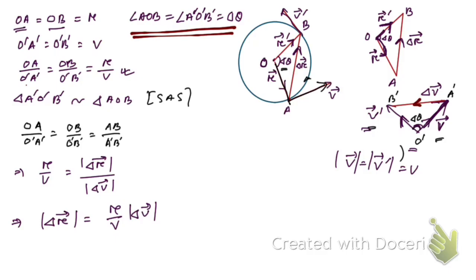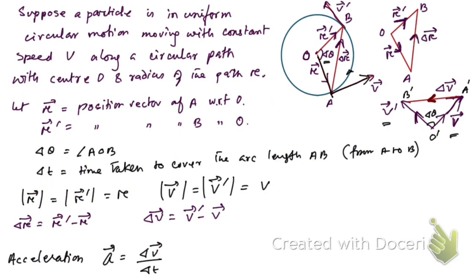Now let me go back to the previous slide. Here you see this acceleration is average acceleration. So if you take the limit del t tends to 0, then you're gonna get the instantaneous acceleration.